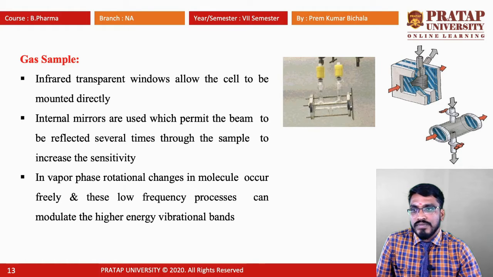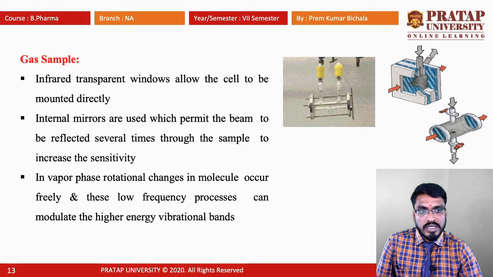Coming to the gas sample, just go through the diagrams which are shared here. This is the arrangement of the sample holder for gas. Infrared transparent windows allow the cells to be mounted directly. Internal mirrors are used which permit the beam to be reflected several times through the sample to increase the sensitivity.